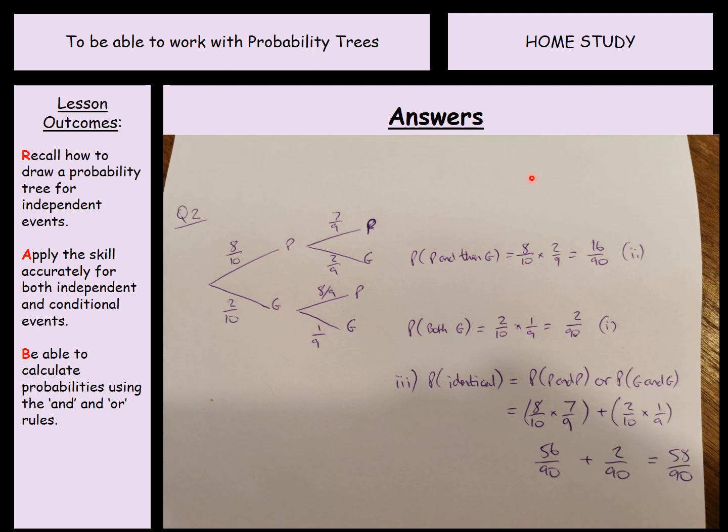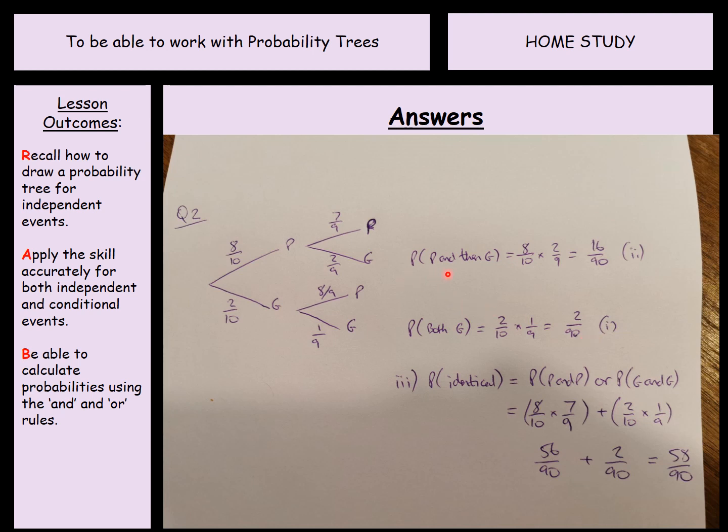And the answers for question 2, again, I've drawn out my tree diagram like it suggested. These were all without replacement, so we weren't putting anything back in. We've got purple and green. Notice my purple goes down by 1. My green goes down by 1, and my branches add up to 1 whole one. Both green I've done down here, so green and green, multiplying the two probabilities together.